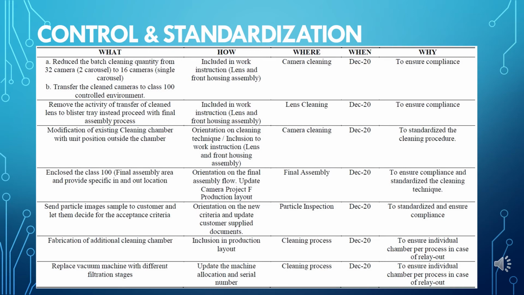Third, where is the location that this improvement will be controlled and standardized. For the when, as you can see, this is already past and we already completed this in December 2020. And then the reason for the why column: why we are doing the control and the standardization.